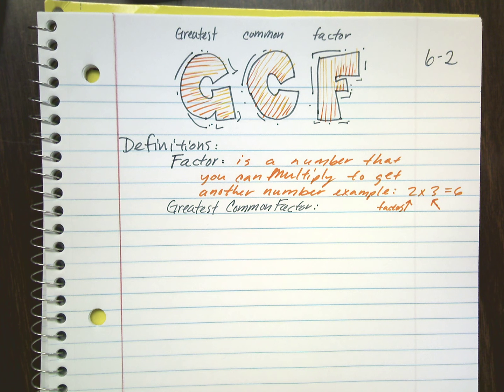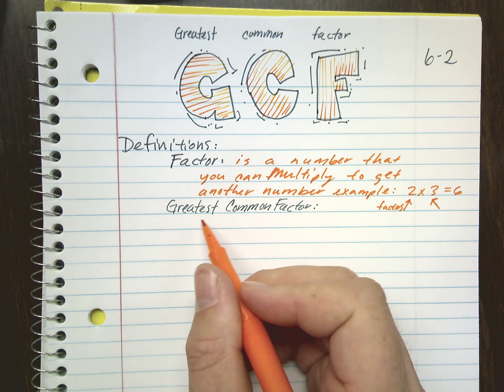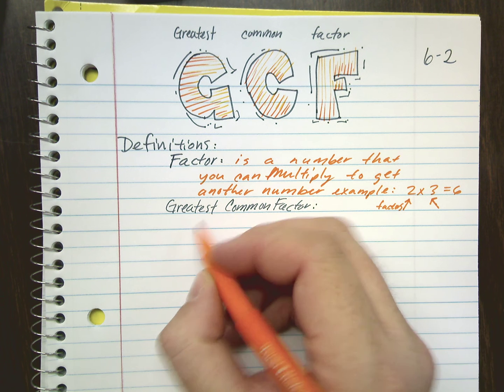All right. So next we're going to talk about the greatest common factor. Let's take a look at what it actually says. It's the greatest, which means the biggest, common factor. So that's all it is.